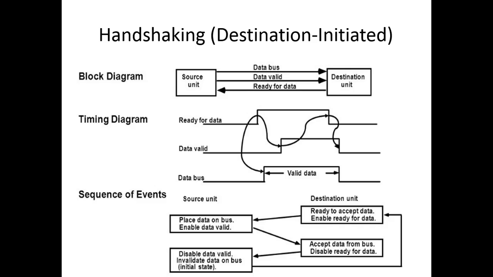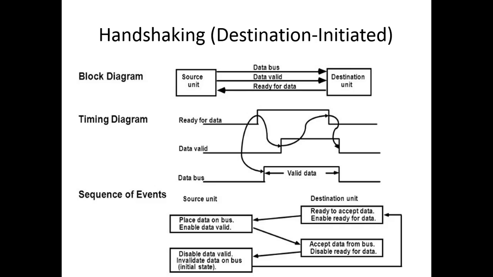When the source unit receives this control signal, it places its data on the data bus and enables data valid. The destination unit then accepts data from the data bus and disables ready for data as it has already received the required data from the source.